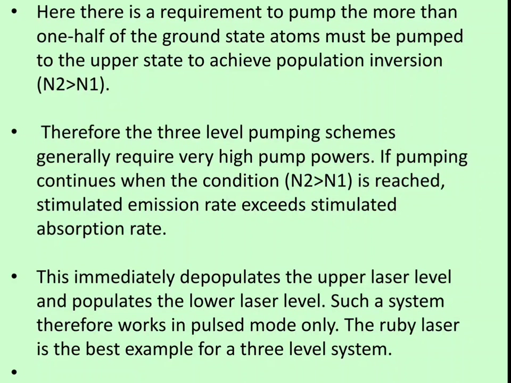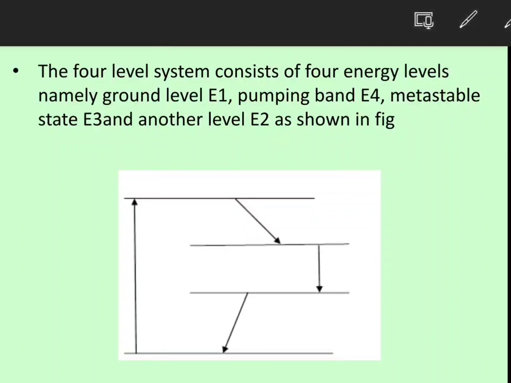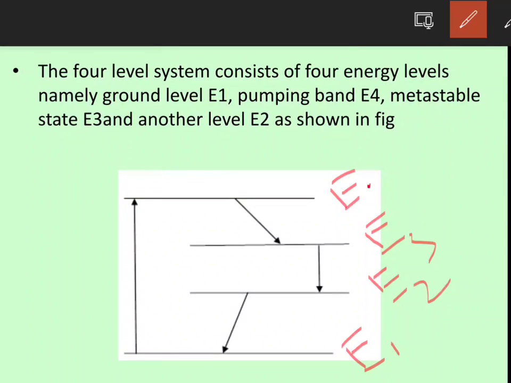Now the next is the 4 level pumping scheme. Right, here this is the schematic representation of a 4 level pumping scheme. So this is E1 and E2 and E3 and this is E4.